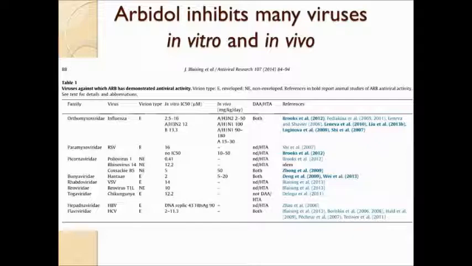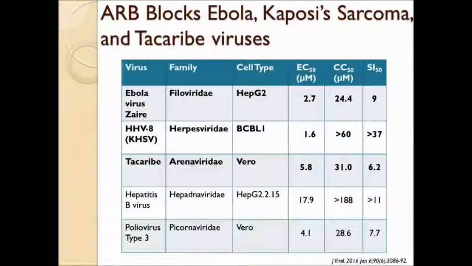A few years ago, I took advantage of the NIAID in vitro antiviral screening program, and I convinced them to test Arbidol against all their viruses, and they pretty much do every virus. And the cool thing is, it's free. You just have to write a small proposal.